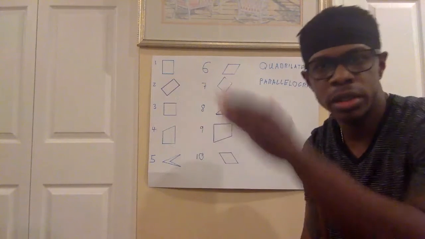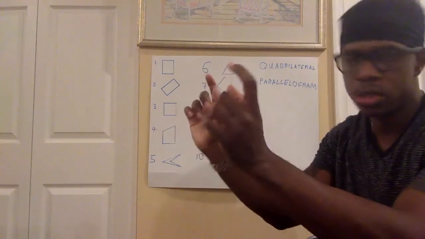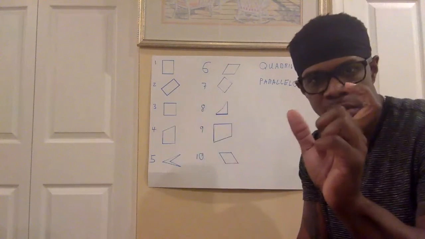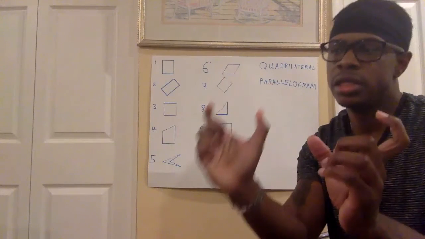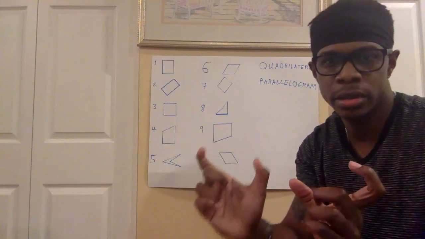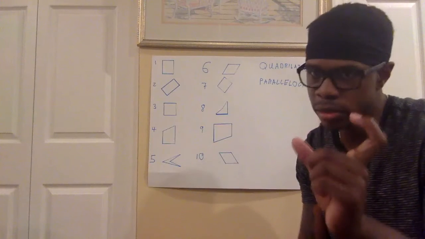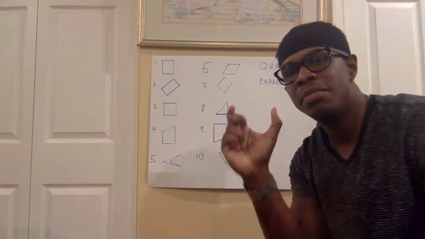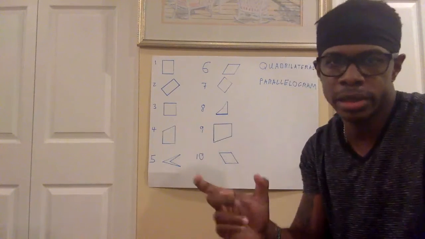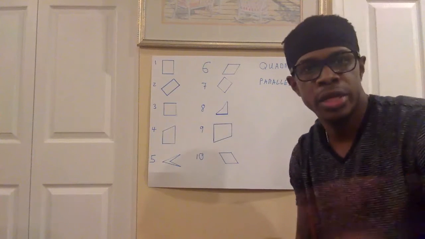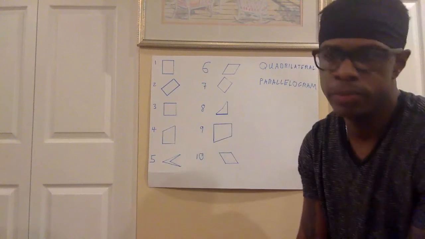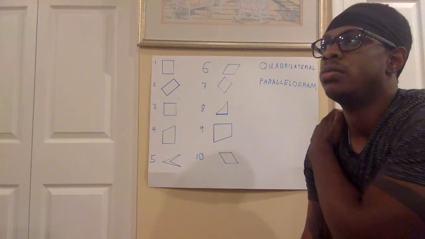So between number 1 and number 10, you should have two answers for each, saying if it has parallel lines or not, and then how many pairs of parallel lines it has. All right, so right now you should be pausing the screen and answering them.